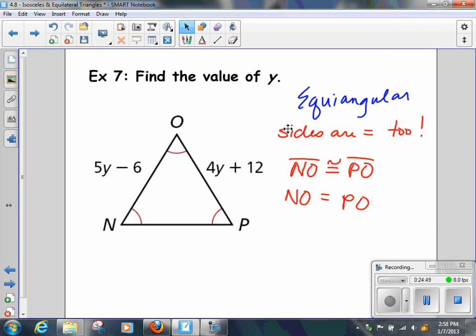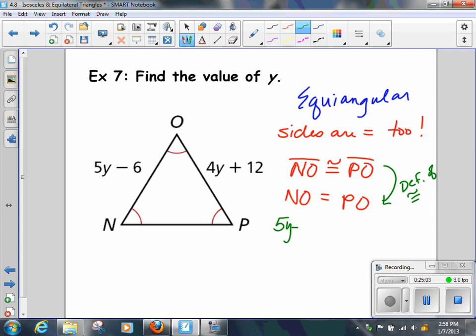Do you remember what definition said that we can go from congruence to equality? Just out of curiosity. Yes, sir. Definition of congruence. What is NO, folks? Talk to me. 5y minus 6 equals 4y plus 4. Is everybody cool? Yeah?